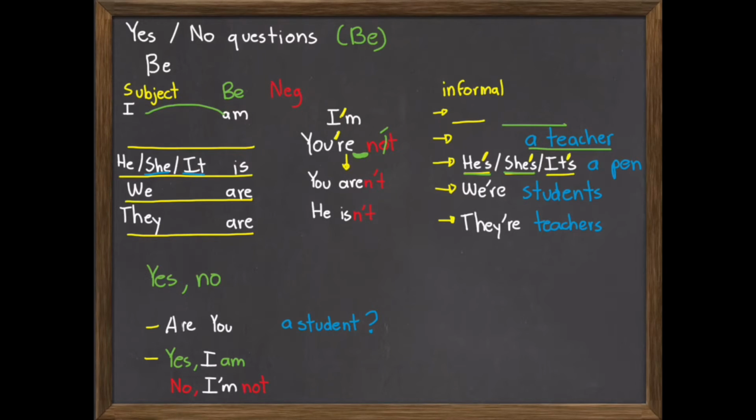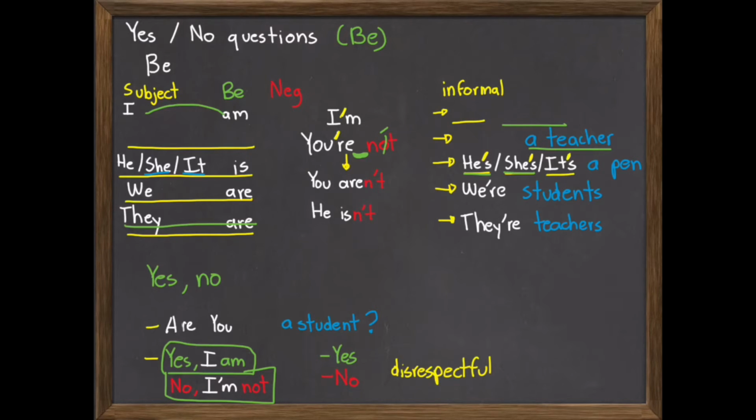Try to avoid just answering yes or no, because these are very straightforward answers, so they can be disrespectful or rude. You can give short answers like this. Yes, I am. No, I'm not. And the same goes with the other subjects. Yes, they are. Yes, we are. No, we are not. And so on.